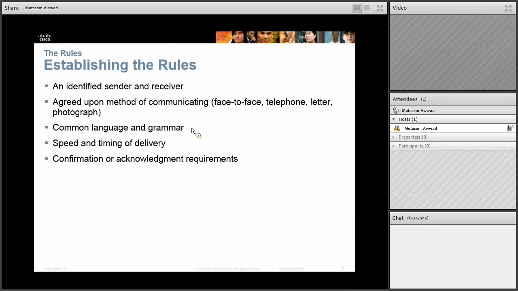For example, if you send a package in the mail and you put the source address anywhere you want, or the zip code anywhere you want, you write the numbers all over the place, that's not going to work, right? The post office will not send your package, and if you're lucky, you'll get it back.